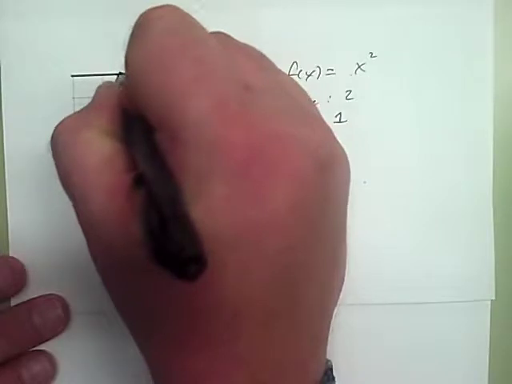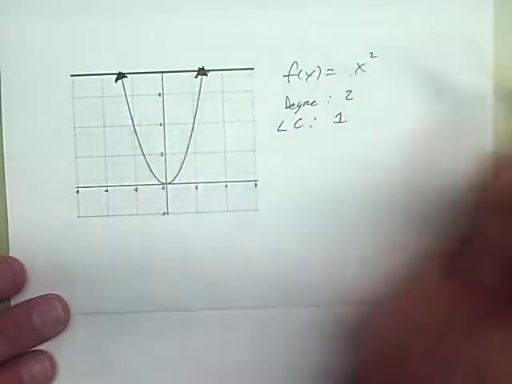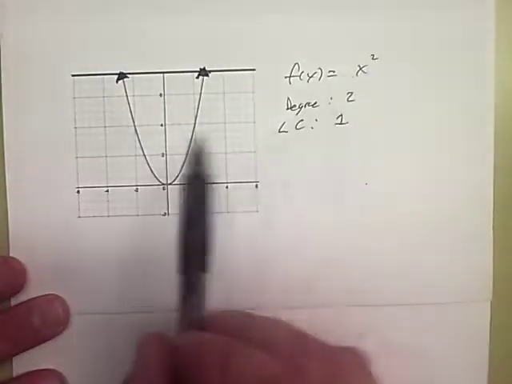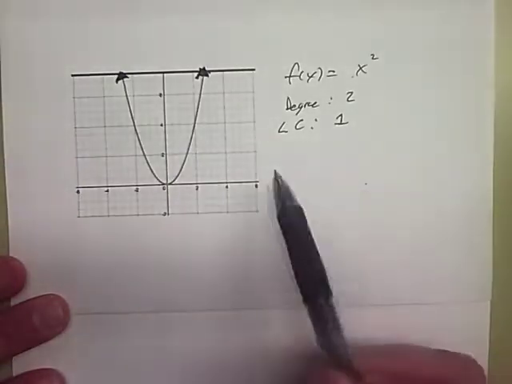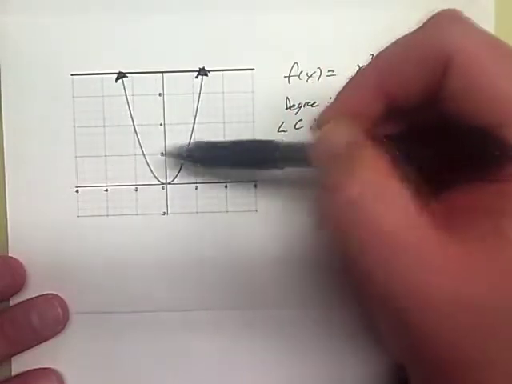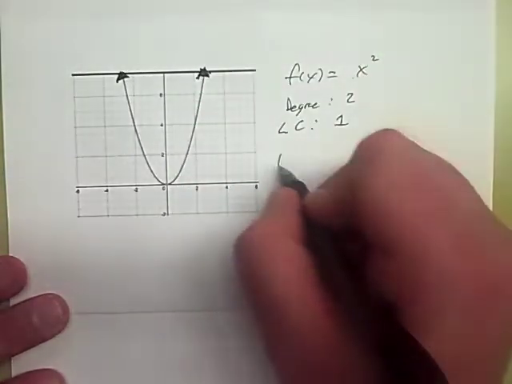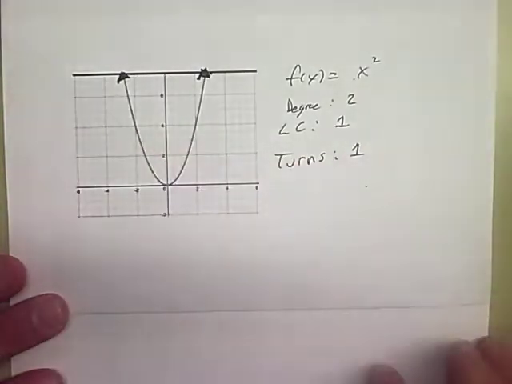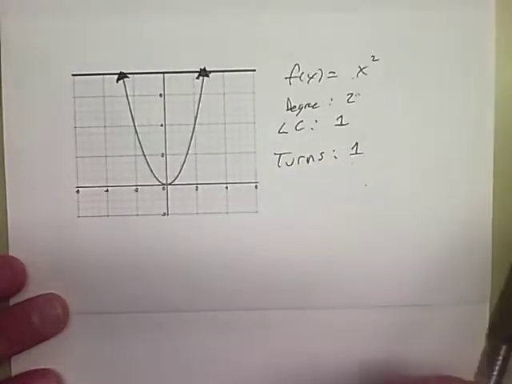So here's one arrow here, and here's the other arrow, the end of the graph. We have two different arrows. Here we have x squared, and notice that both arrows are pointed in the same direction, they're both pointed up. And let's take a look. This graph has one turn. It was going down, down, down, and all of a sudden now it's going up, up, up. So there's one turn here. So here the degree is 2, the number of turns we have is 1. That's going to come into play a little bit later.